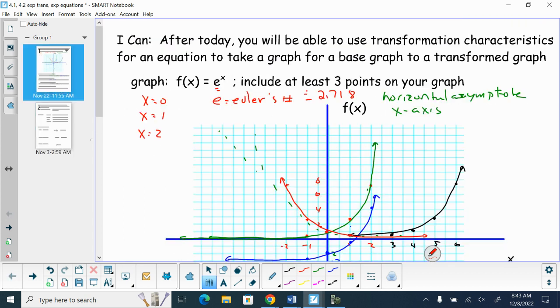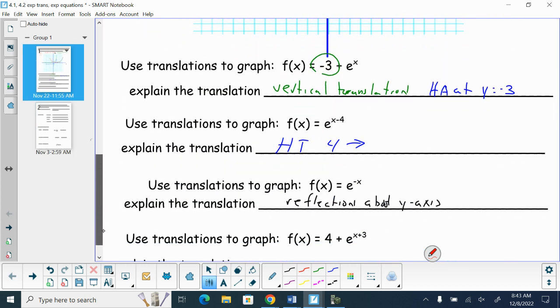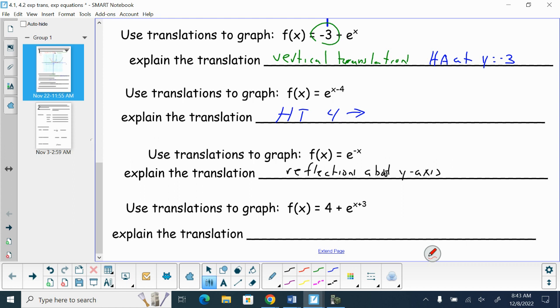And once again, going with what we did before with respect to reflections, when we have f of x, then f of negative x reflects about your y-axis when you have that negative x in there. Then if we have a 4 and a 3 here, we would have a vertical translation equal to 4.